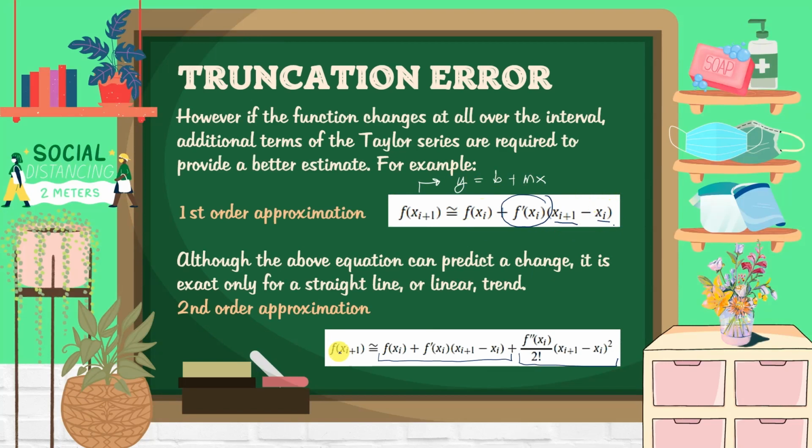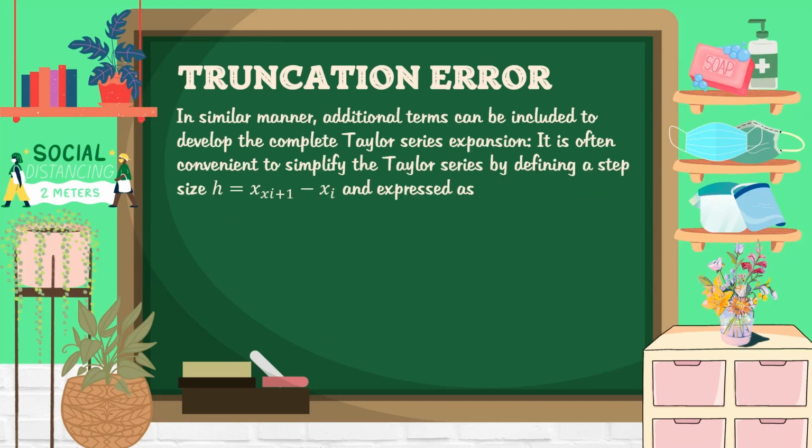It will be f(x_{i+1}) is approximately equal to f(x_i) plus f'(x_i) multiplied by (x_{i+1} minus x_i) plus f''(x_i) all over 2 factorial multiplied by (x_{i+1} minus x_i) squared. In similar manner, additional terms can be included to develop the complete Taylor series expansion.